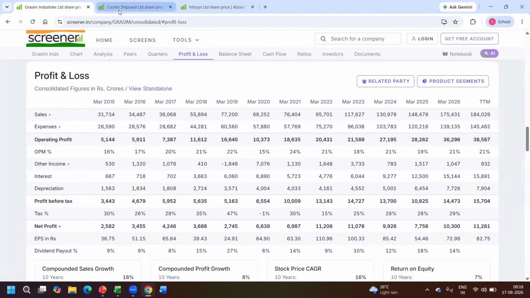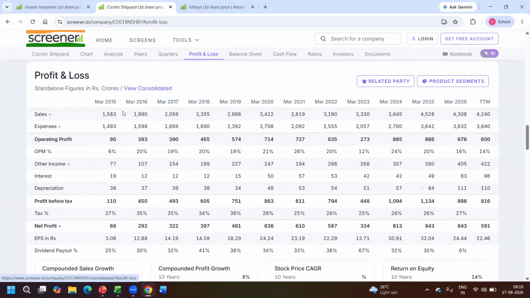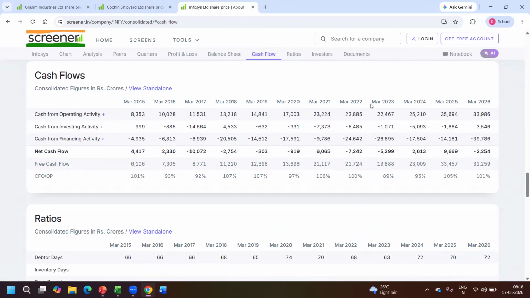And this is not just the case with Grasim's. We can also see Cochin Shipyard, another listed company: the last 3 years, negative CFO, whereas the company has been consistently earning profit. Whereas for a company like Infosys, we can see that cash from operations is consistently positive.